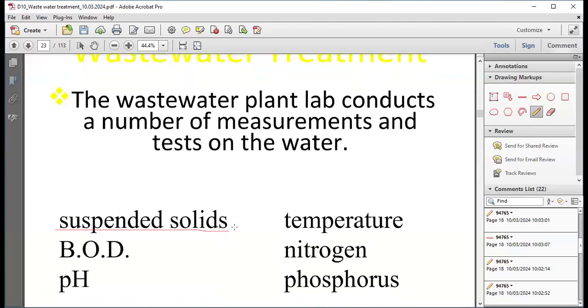What's an example? Like plastic. Plastic is a suspended solid. It does not sink into the water, but it can be suspended. And garbage and some wooden particles are suspended solids. BOD, pH, temperature, nitrogen, phosphorus. Right?